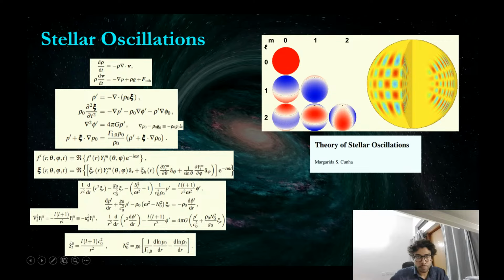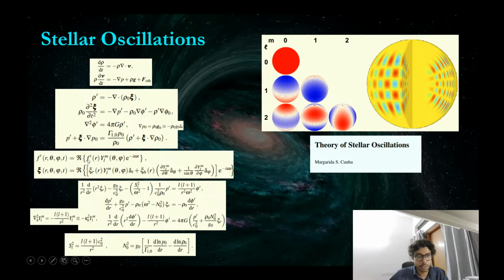So we see that these oscillations are dependent on these two frequencies, S_l and N naught. And for different values of l and m, these are the modes that we will get, right? So by solving these equations, you can get the value of psi r, and all these primes, p prime, rho prime, phi prime. And then you put the solution over there.